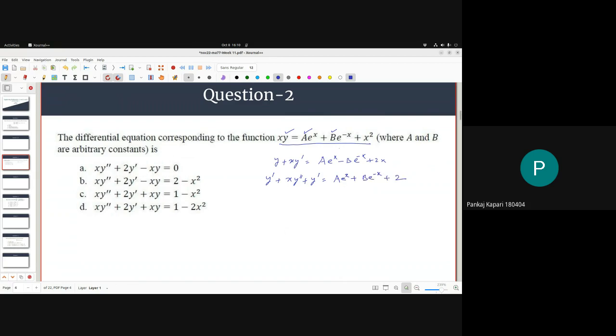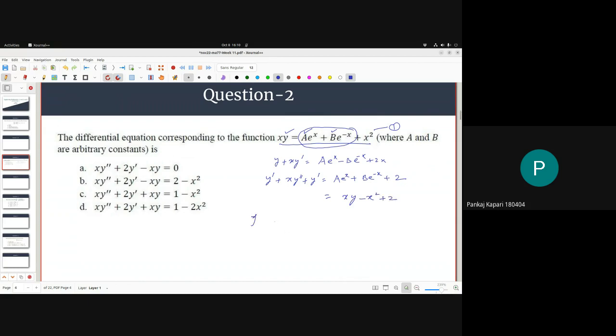Okay, now from this first equation, we will extract this particular term, because this term appears in this equation, and we will put it equal to xy minus x square. This implies that this is equal to xy minus x square plus 2.